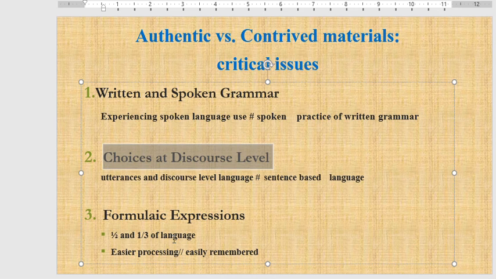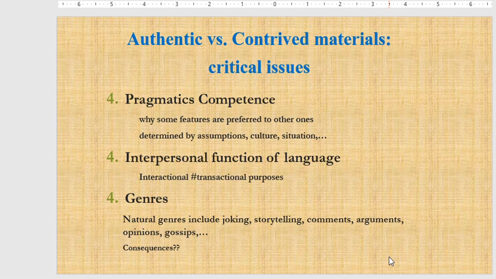You may think that you are lazy. You may think that you are not a smart language user, and there are some problems with your memory, with your intellectual abilities. So formulaic language is important.